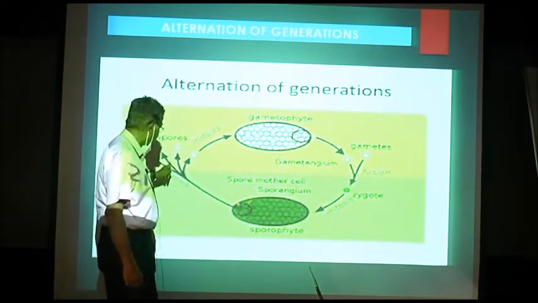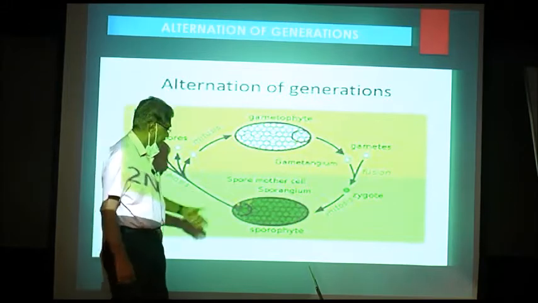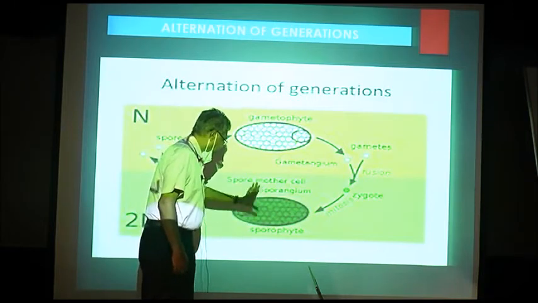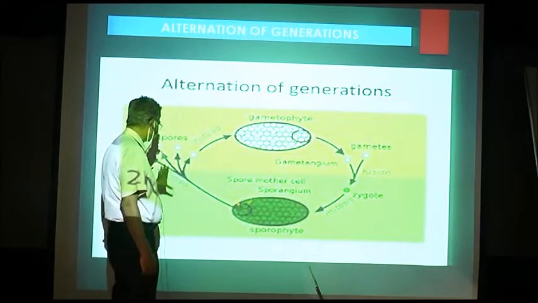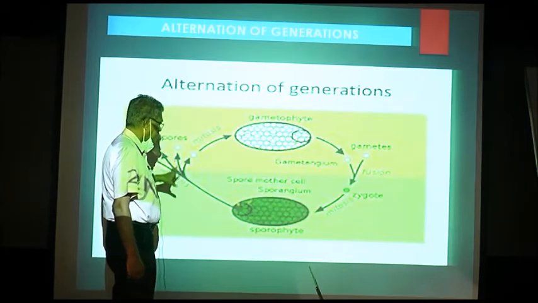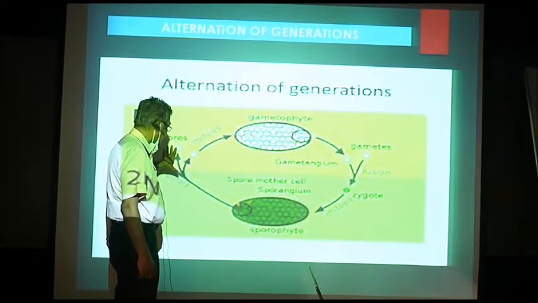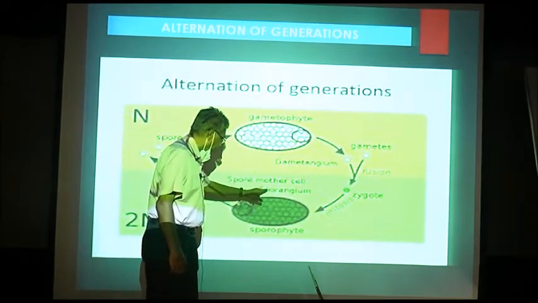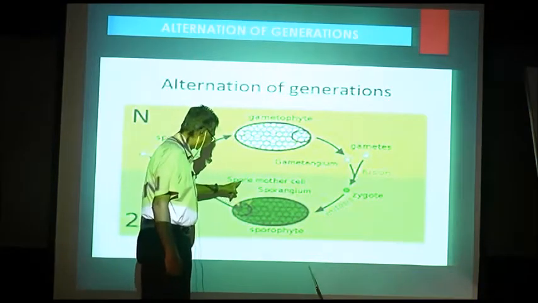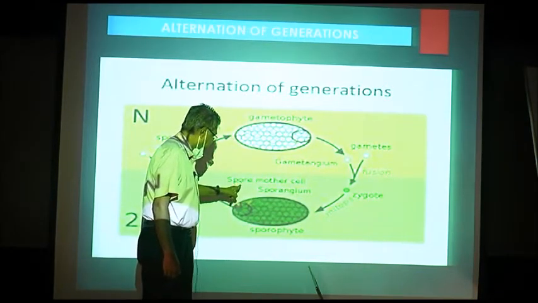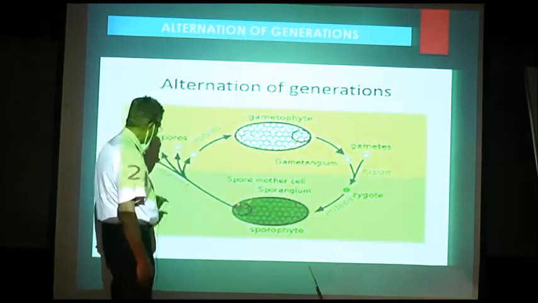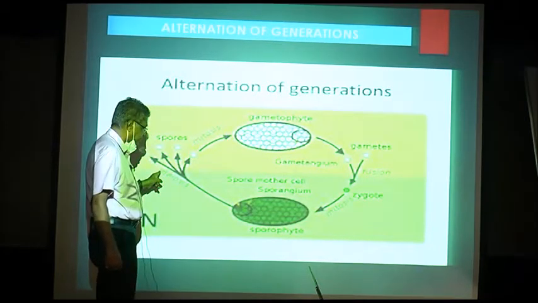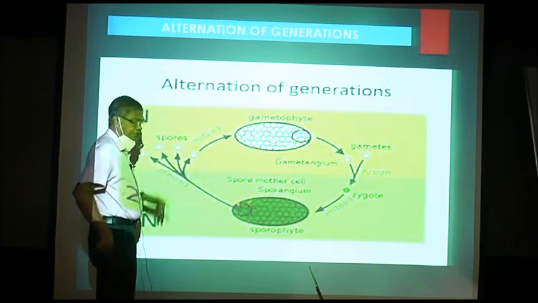This division, which leads to the formation of spores, is called meiotic division or reduction division. Here the 2n number of chromosomes is reduced to n number of chromosomes. Inside the sporophyte there are sporangia, and the sporophyte develops spore mother cells in the sporangium, and these spore mother cells undergo reduction division or meiosis to form haploid spores.